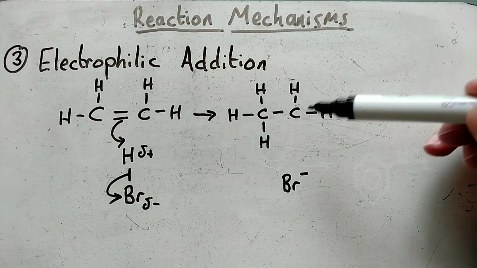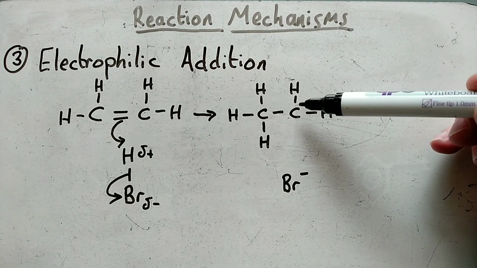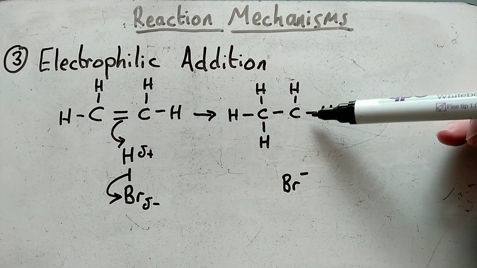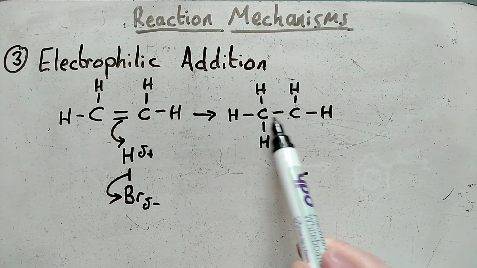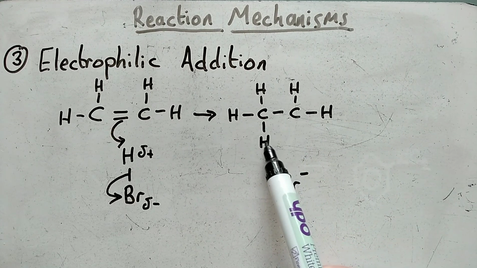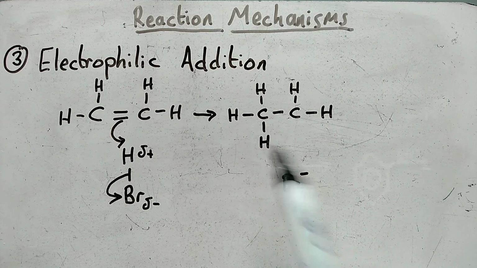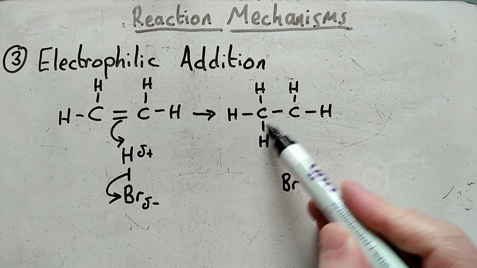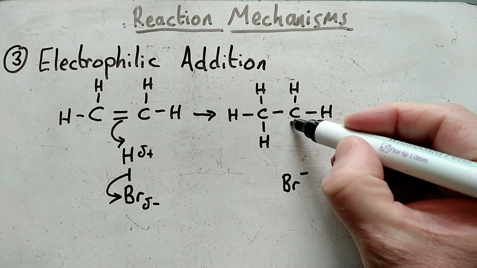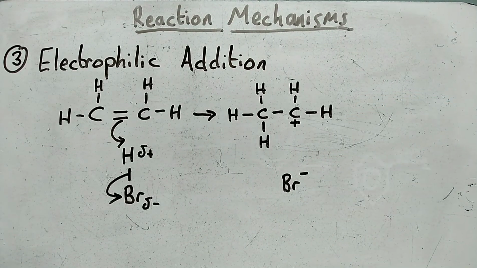Now, the important thing to notice on our intermediate is that this carbon is electron deficient. It's only got 3 bonds because the fourth bond that was formed here has been lost to form the full bond between this carbon and this hydrogen. So this pair of electrons here is now here. So this now has a full positive charge on its intermediate.